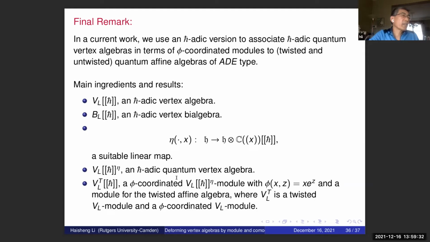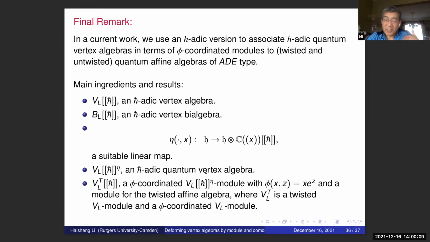The thing is, we get quantum vertex algebras, but they are not modules for quantum affine algebra. That's a different thing. So the whole picture is we get an H-additive quantum vertex algebra, but for the twisted quantum affine algebra, the highest weight module is actually a phi-coordinated module for the H-additive quantum vertex algebra.